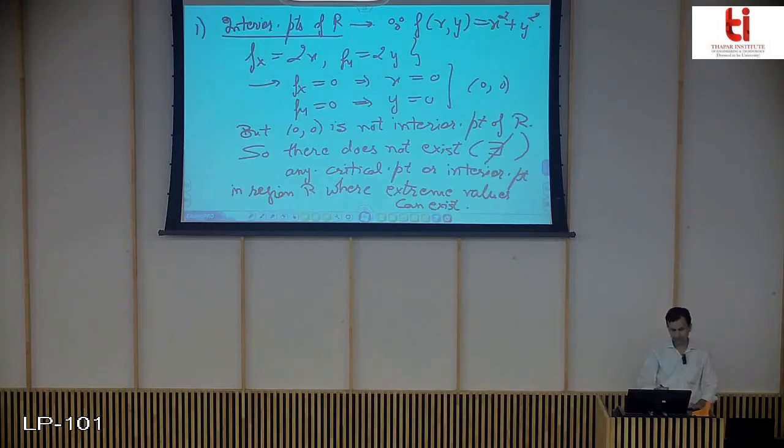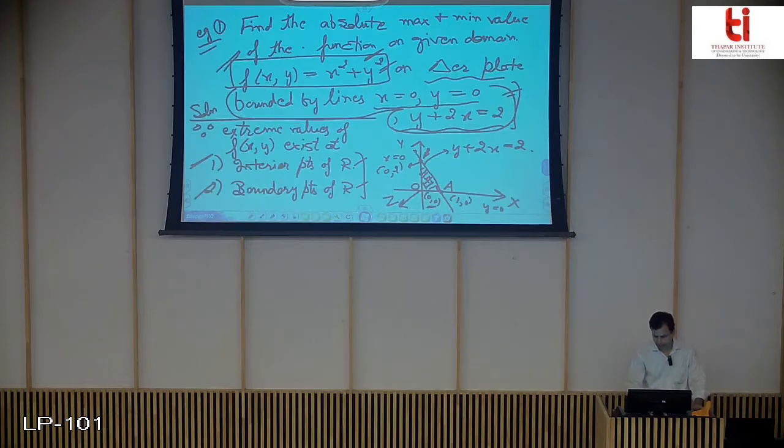Then we check for the interior points of region R. Here we plot the region R, which is the triangular plate OAB. This is the triangular plate or region in the xy plane about which you have to find the maxima and minima of the surface f(x,y) lying in 3D space.